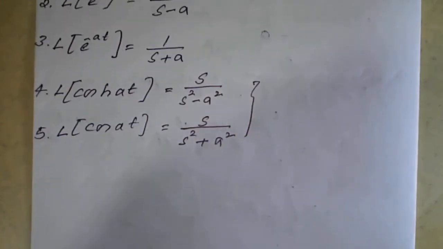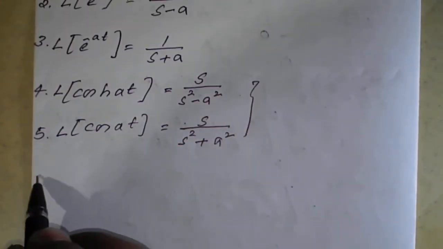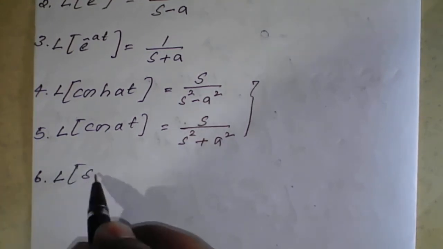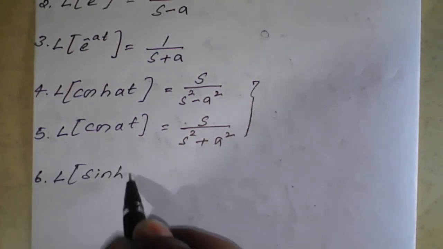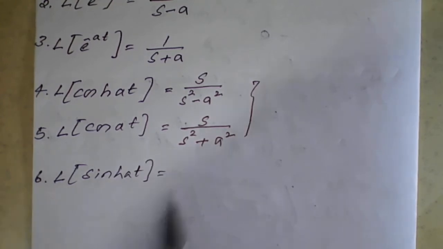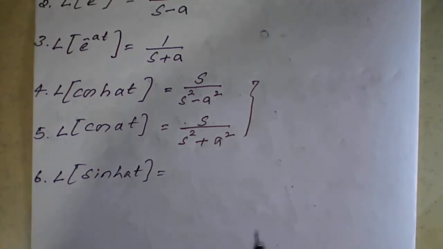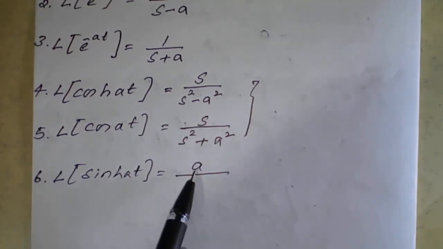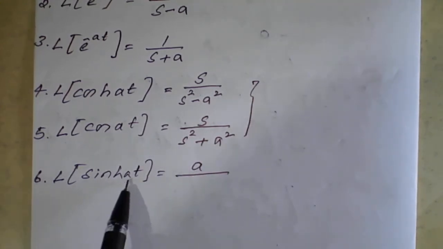Next, the sixth one: Laplace of sine hyperbolic of at is given by a divided by s square minus a square. This a is nothing but the coefficient of t.